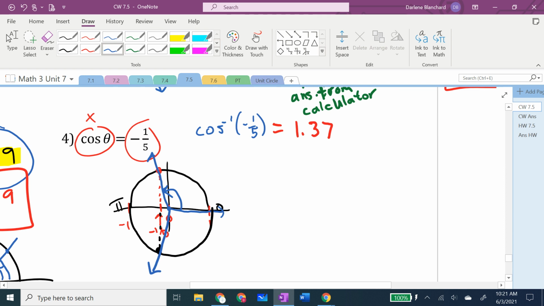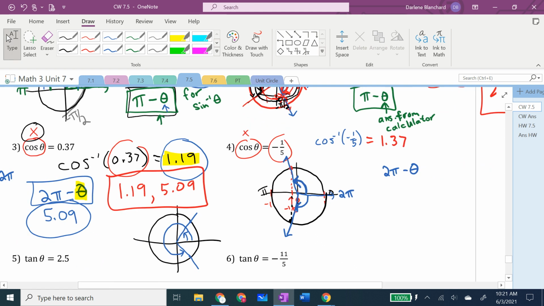I want you to see that this angle is the same measurement as this angle, but backward. So if I start at 2 pi and I subtract the angle my calculator just gave me, I will find cosine's partner angle.